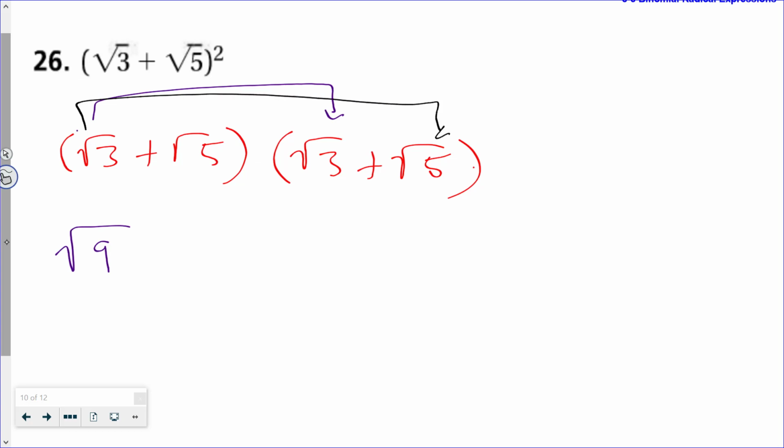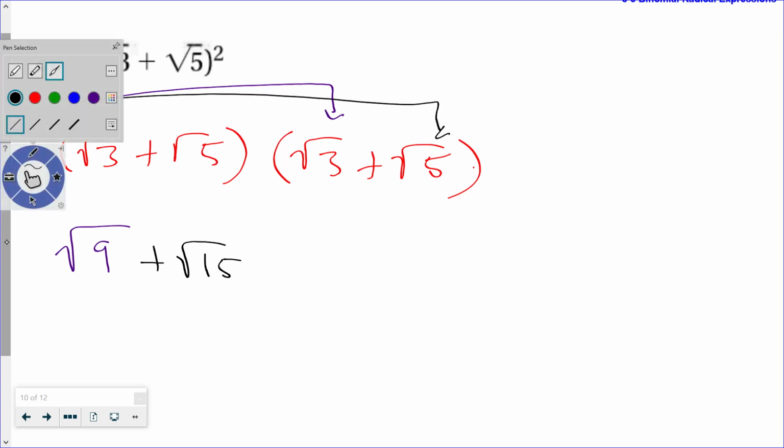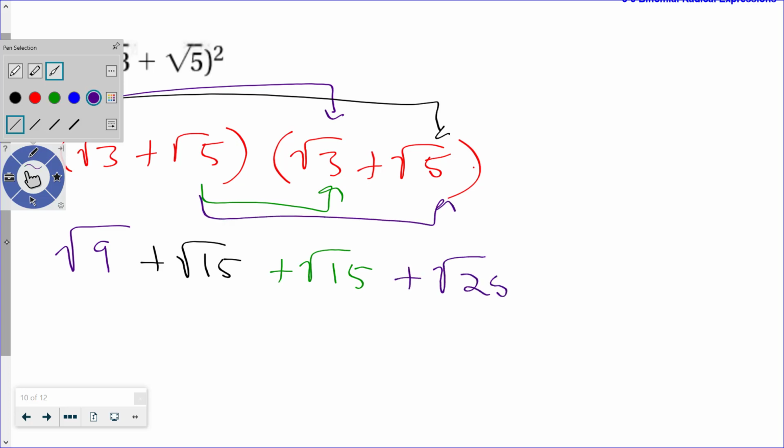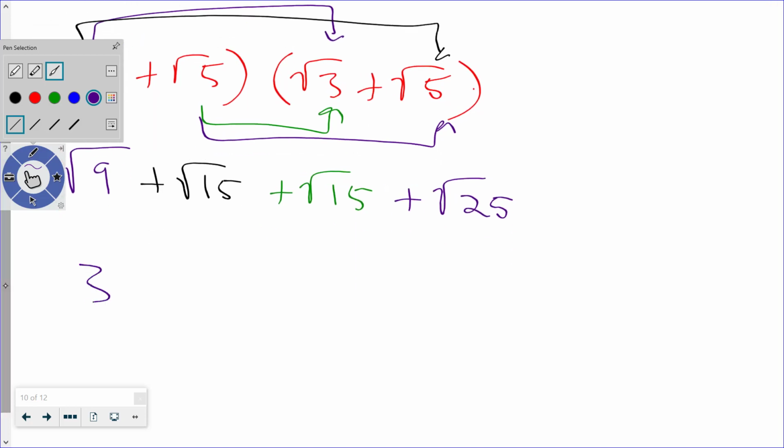This is going to be radical 15, plus radical 15, plus 5 or radical 25. We'll simplify afterwards. Now we have 3. What happens here? What is this when I combine these two? Now radical 30.